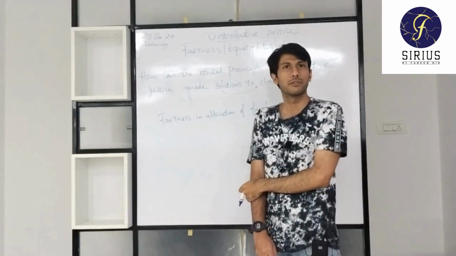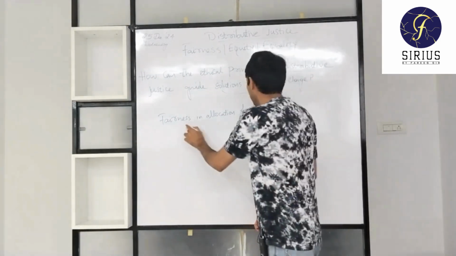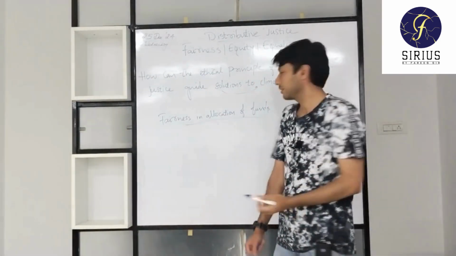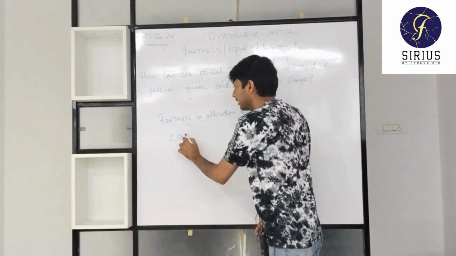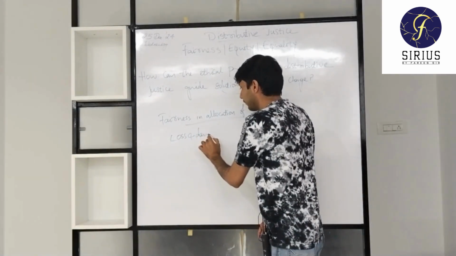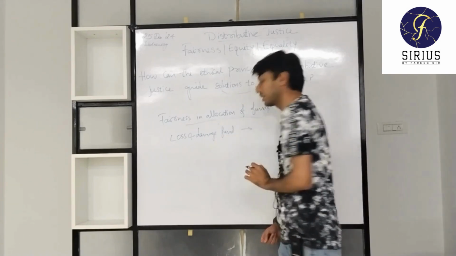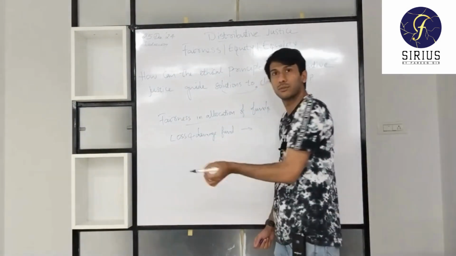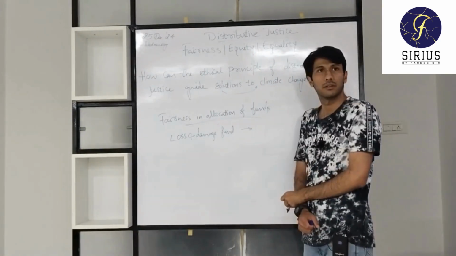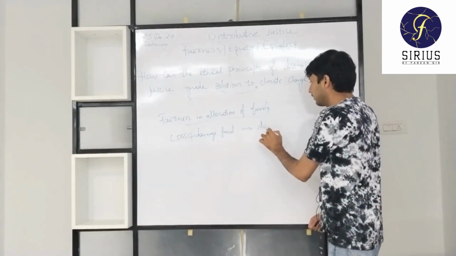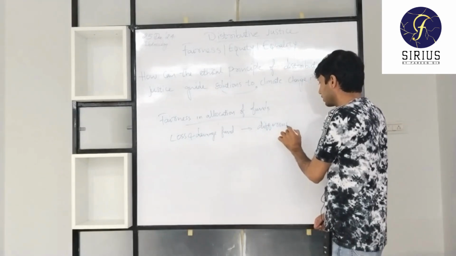How do you substantiate it? We have the loss and damage fund, right? Not just that, you have to link it to one of the philosophers. You can put the difference principle of Rawls here.